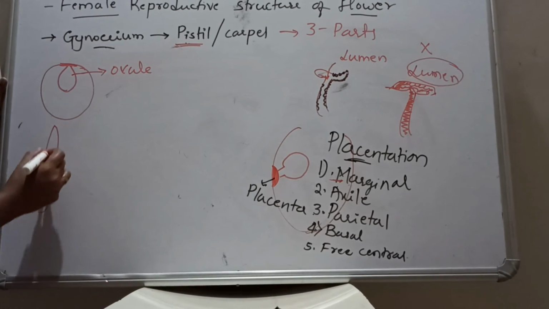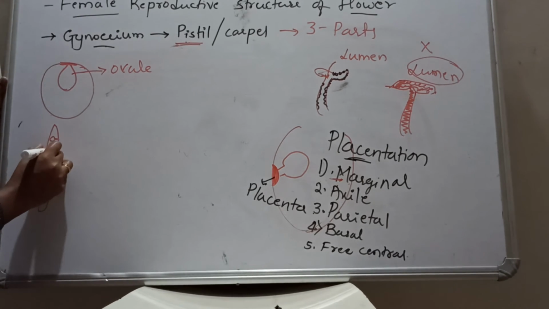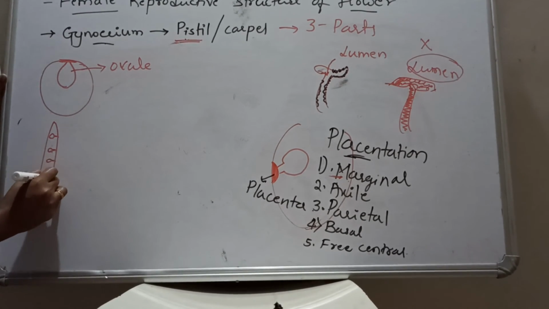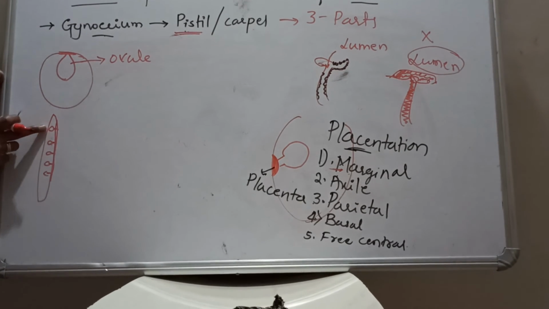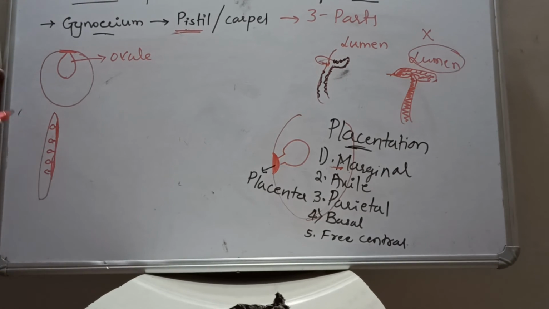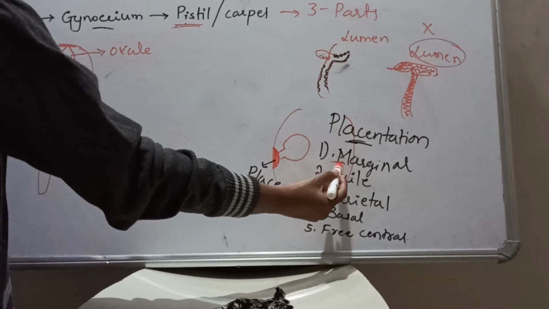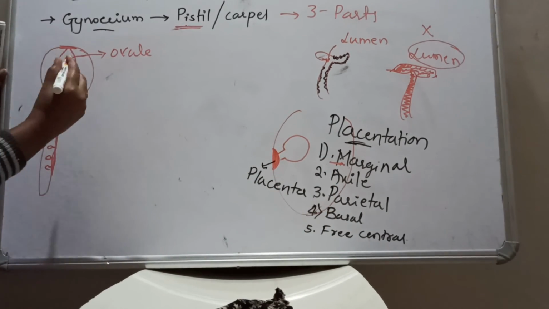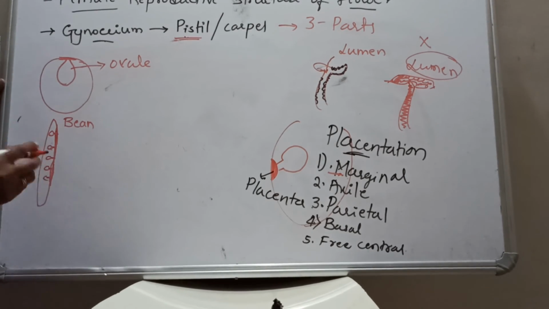In the pea, some ovules are attached at the margin of the ovary. That type of placentation is called marginal placentation. For example, beans or pea.